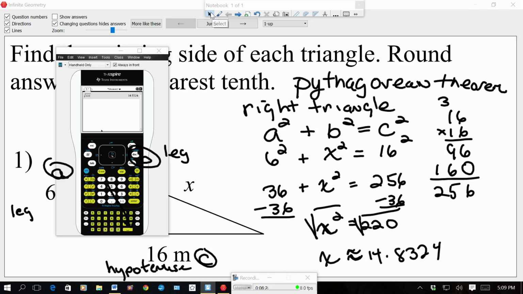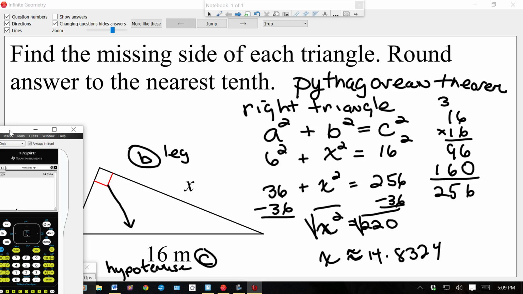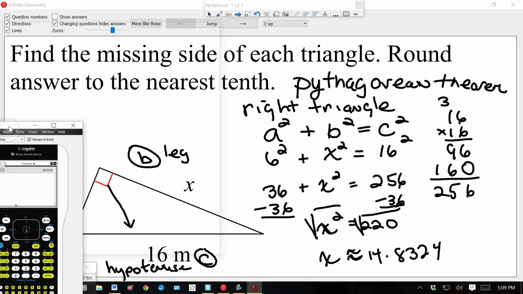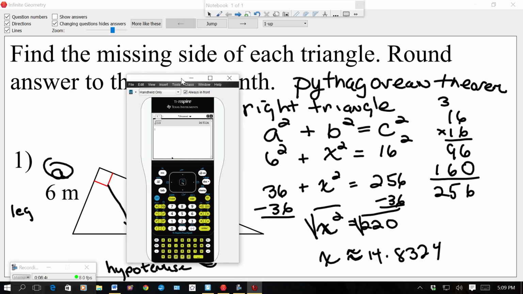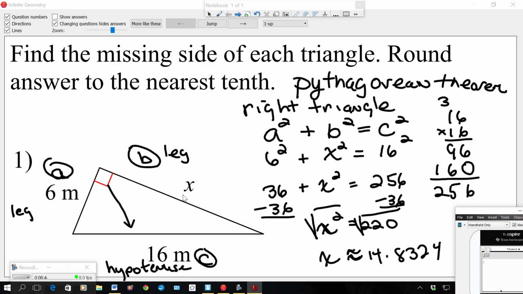Alright, so now I'm almost done. I just have to follow the instructions that were given to me. It says to find the missing side of each triangle, rounding the answer to the nearest tenth. So I look at my number, and the tenth spot is right here at the 8.